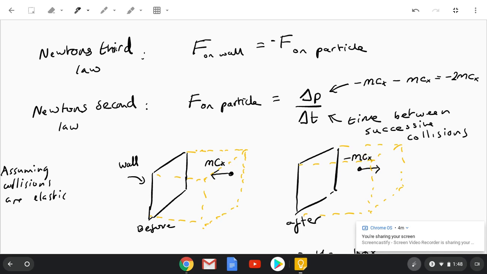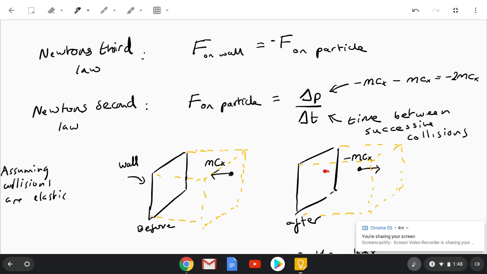If the incoming speed is Cx, where C is speed and x is the direction it's moving, it moves to the left, hits the wall in an elastic collision, and bounces off in the other direction. Because it's moving in the opposite direction, I include a negative sign because it's a vector.